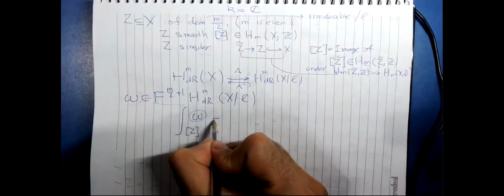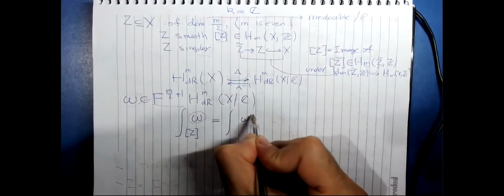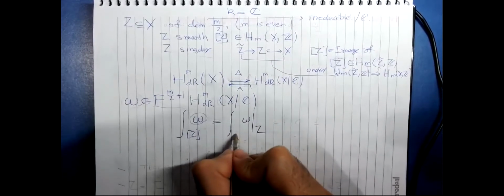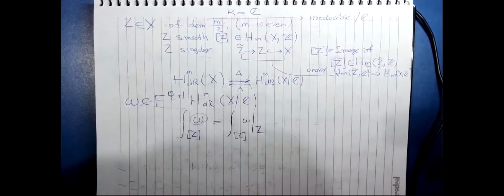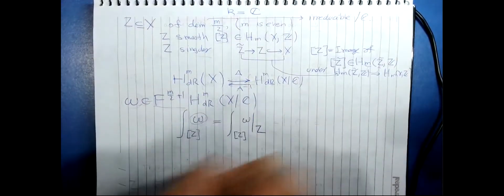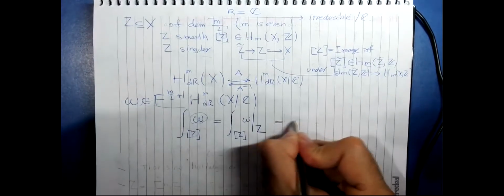For any kind of integration, first you have to restrict your differential form to your topological cycle, and this restriction and the A minus 1 map are compatible, and this is going to be 0.